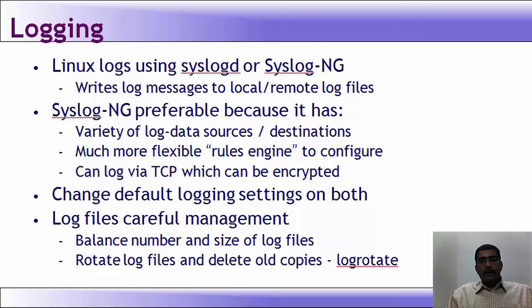So that is why you need logging. One is to find out whether any unusual activity is happening. Second, in the event of a system failure, you can read the logs and say what exactly went wrong and why the system went down. So logging is a very crucial aspect.